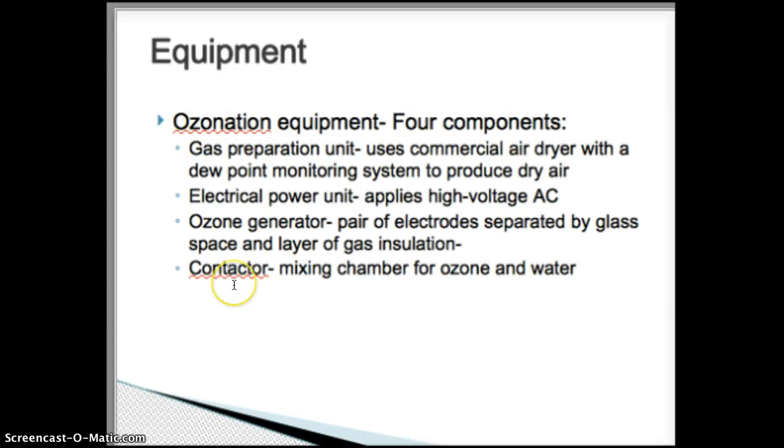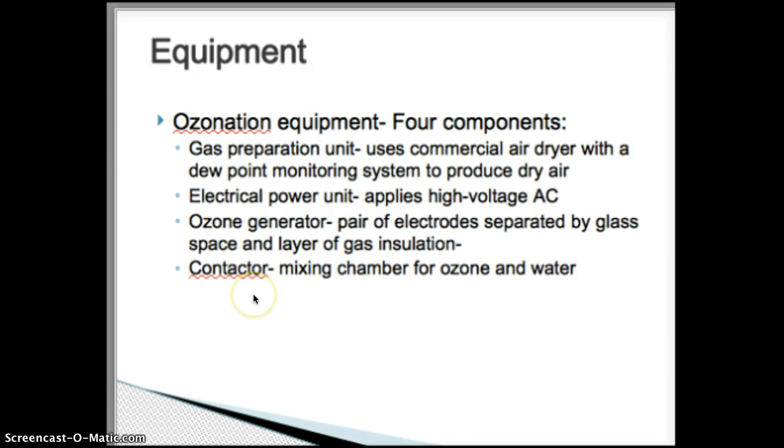Equipment. Ozonation equipment has 4 components: a gas preparation unit that uses a commercial air dryer with a dew point monitoring system to produce dry air. Then the electrical power unit applies high voltage AC. And the ozone generator is a pair of electrodes separated by a glass space and a layer of glass insulation.